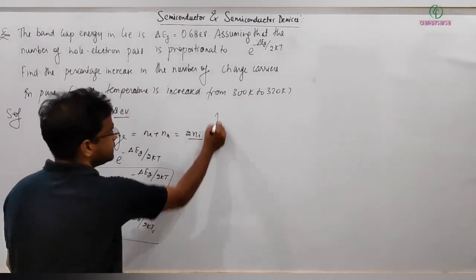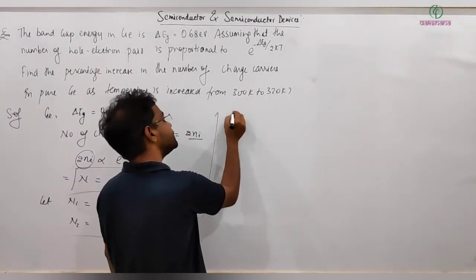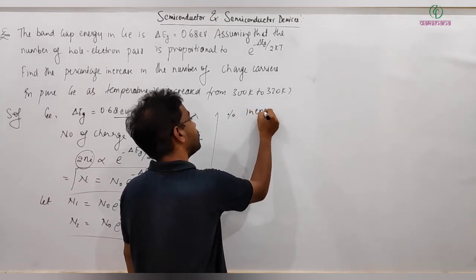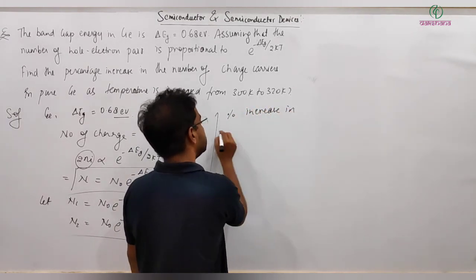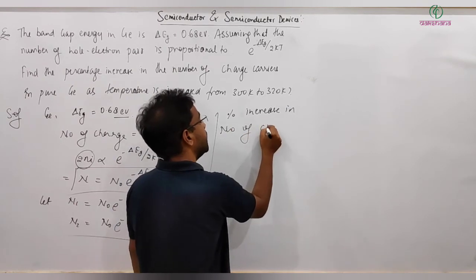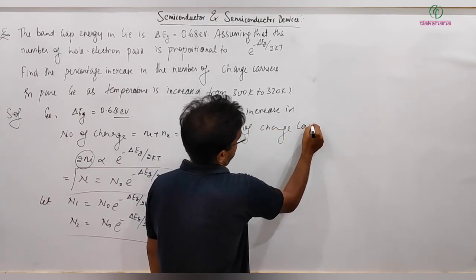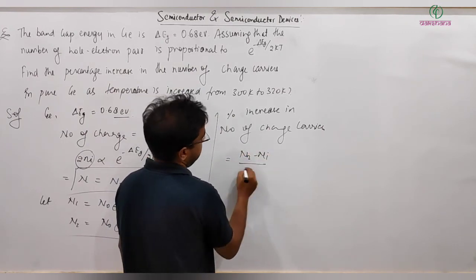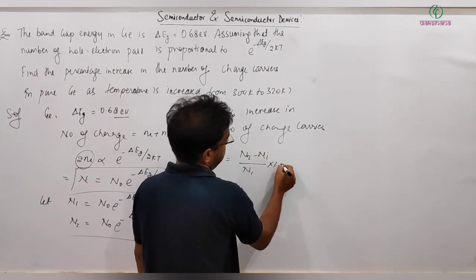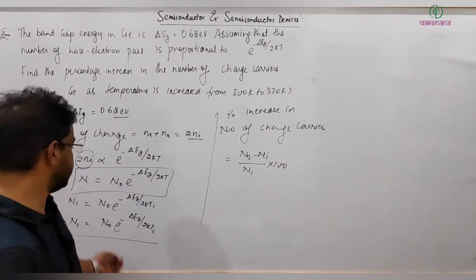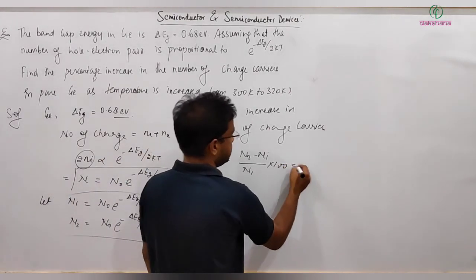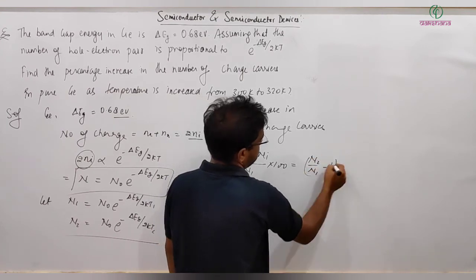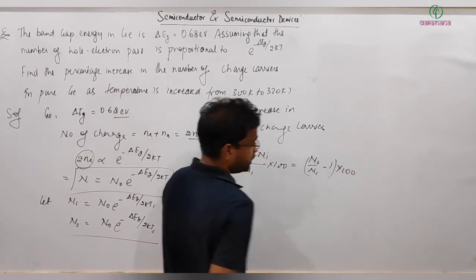Then the percentage increase in number of charge carriers will be equal to N2 minus N1 divided by N1 multiplied by 100. I can substitute everything. This can be rearranged as N2 by N1 minus 1, into 100.